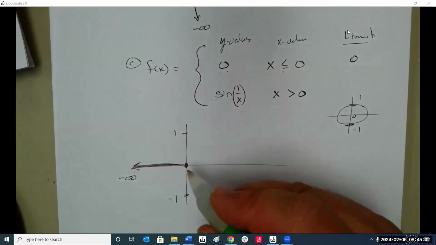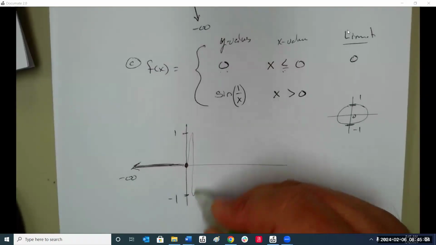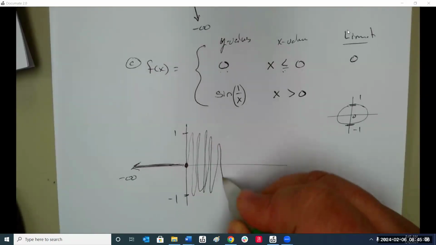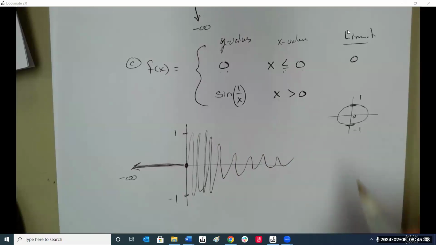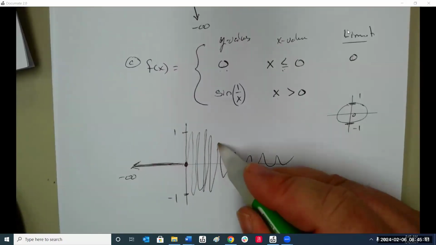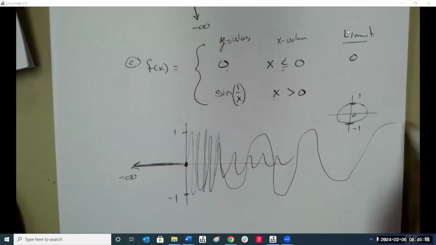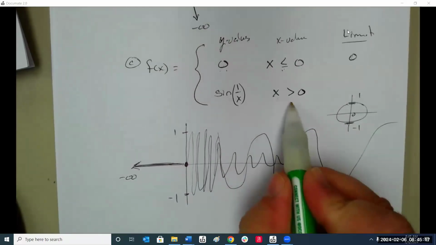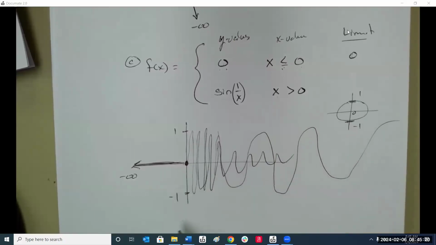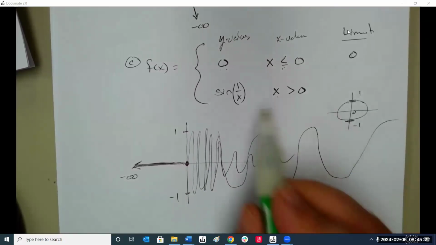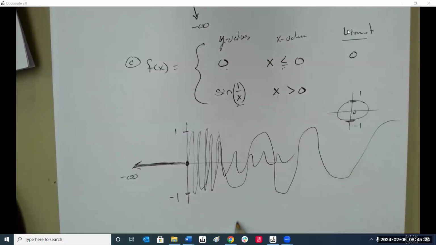So what this function looks like is not right. It's still bound, but it tapers. When x is small, it's very sporadic. It goes up and down. But as x gets big, this number gets small, it gets spread out further. The period becomes longer. So what does that limit approach?